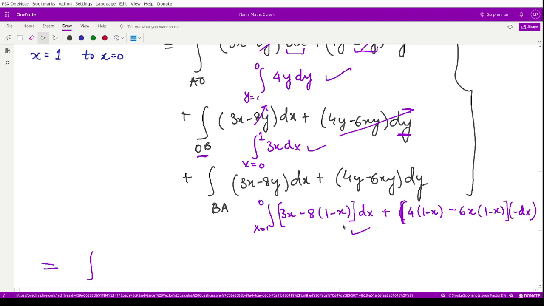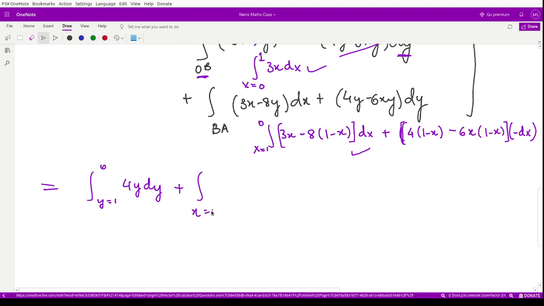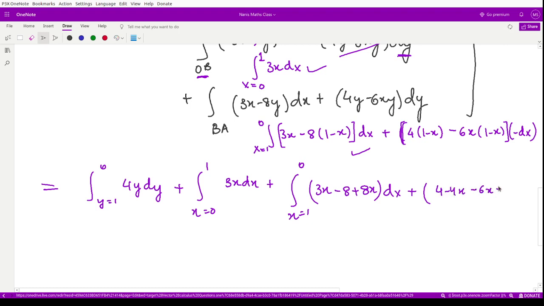So it would be integration y varies from 1 to 0, 4y dy, plus integration x varies from 0 to 1, 3x dx, plus you may simplify this. So you have x varying from 1 to 0, of (3x minus 8 plus 8x) dx plus (4 minus 4x minus 6x plus 6x square) into minus dx, right? Okay, so let's solve this.